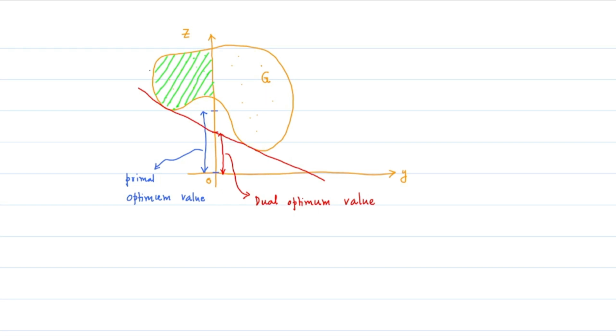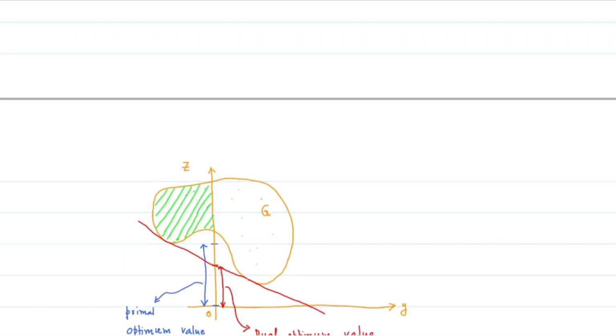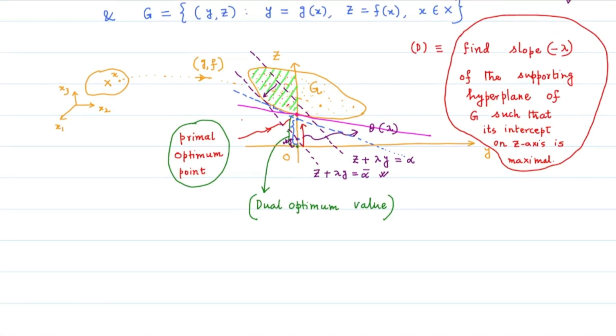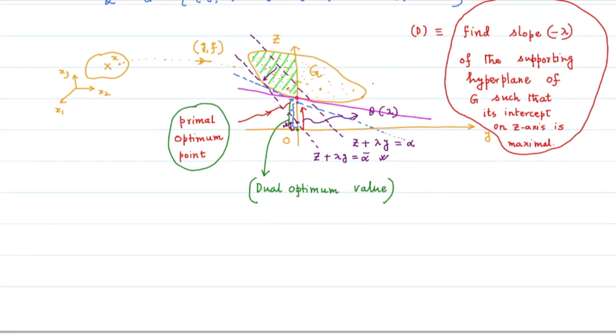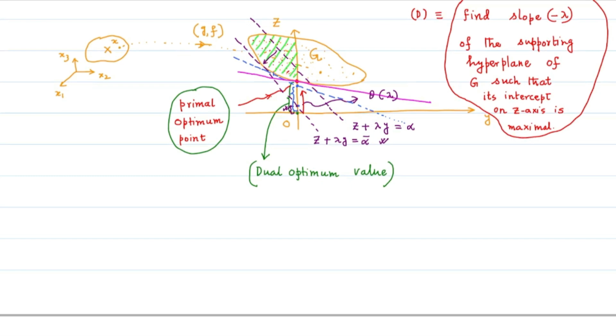If the lower part of this region of this capital G is a convex region, then we can easily see that these primal and dual optimum values are identical, and that is what exactly happening over here. Inside this set capital G, we notice that this lower part is a convex kind of part, right? And once this lower part is a part of the surface of a convex function, then obviously the primal and the dual optimum values are going to be identical.